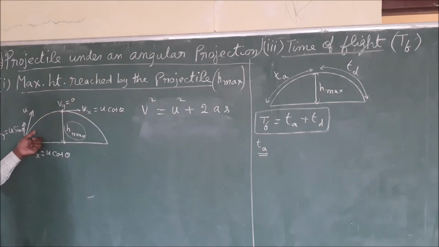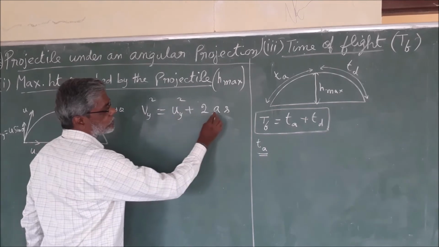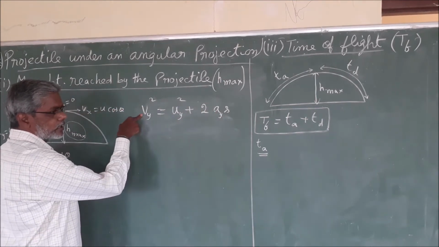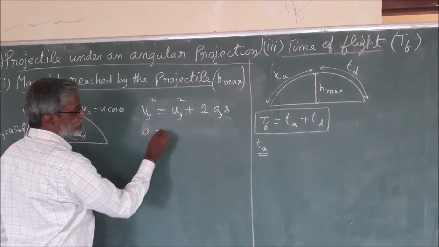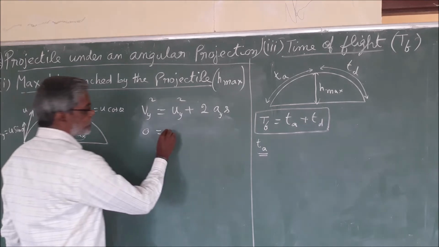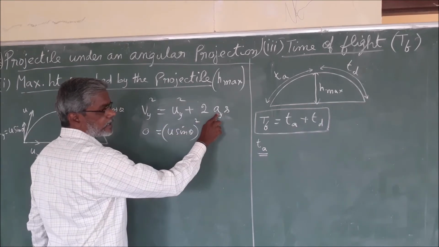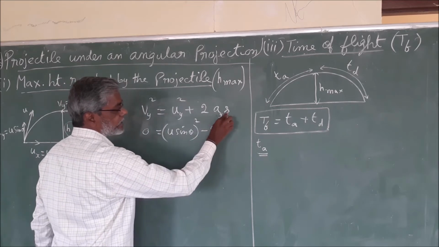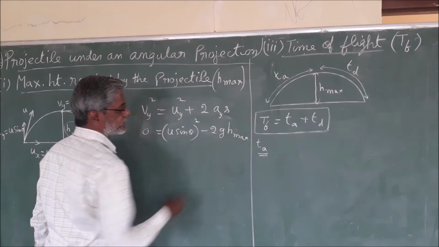Since the object moves in the vertical component, I will be writing it as Vy, Uy and Ay. So here Vy is nothing but the final velocity, and Vy is equal to 0. So 0 is equal to the initial velocity u sin theta the whole square, and acceleration is minus g. So I will write it as minus 2g, and s is nothing but the height. I will be writing it as x max.